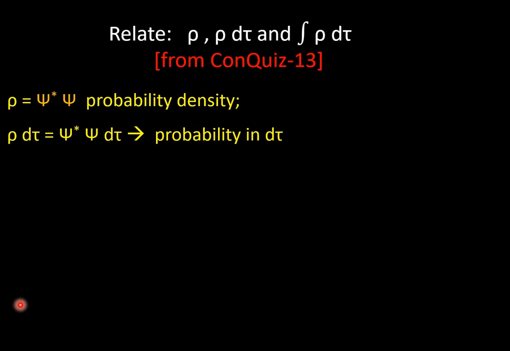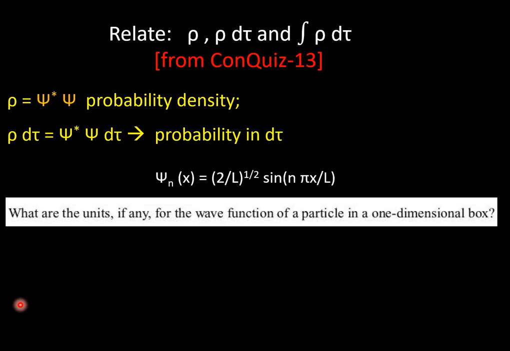So now the first question of today's video, a function is given. Of course, it's a one-dimensional wave function. Now the question is, what are the units, if any, for the wave function of a particle in a one-dimensional box? One can easily say that from this expression itself we can deduce the unit, and it is 1 by L to the power half, that means length to the power minus half, right?